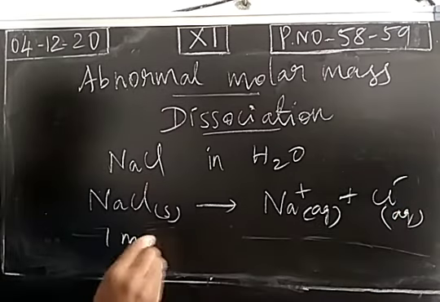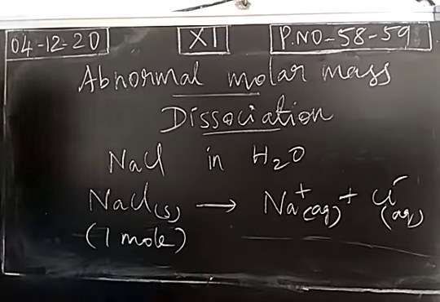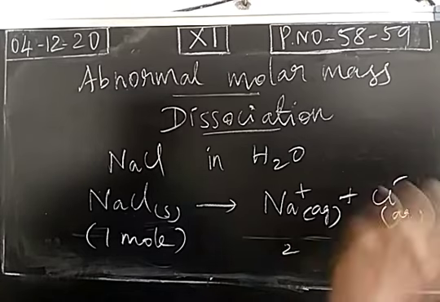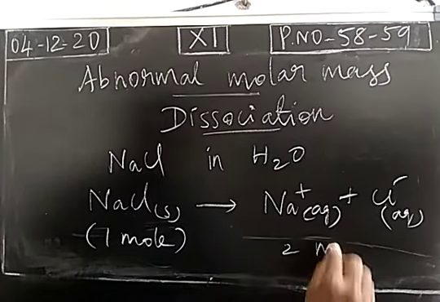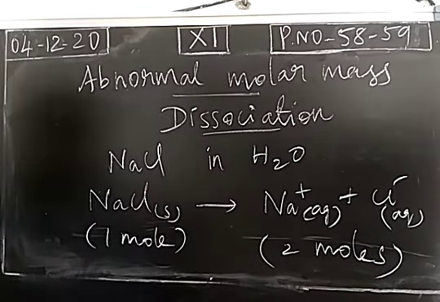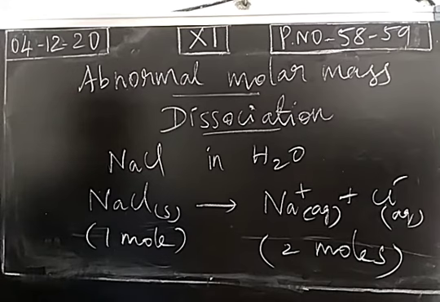So initially we take 1 mole of solute. Due to dissociation, the total number of particles increased. So after dissociation, the number of particles increased: 1 plus 1, totally 2 moles. Okay. So if there is a dissociation, definitely the number of particles changed, the colligative property will be different, and the molar mass will be an abnormal molar mass.